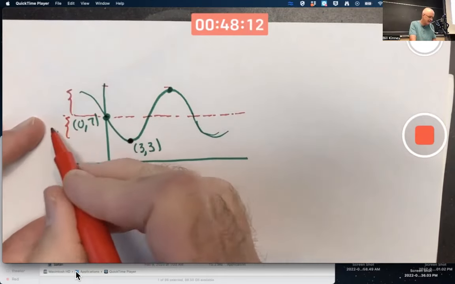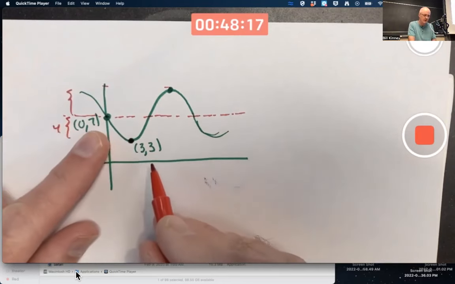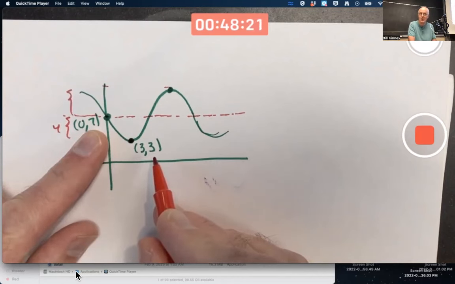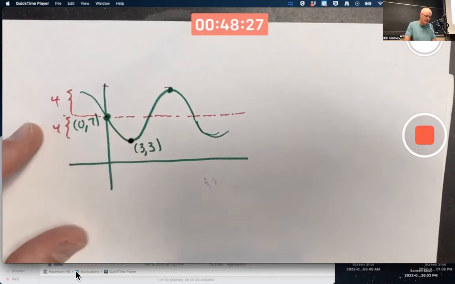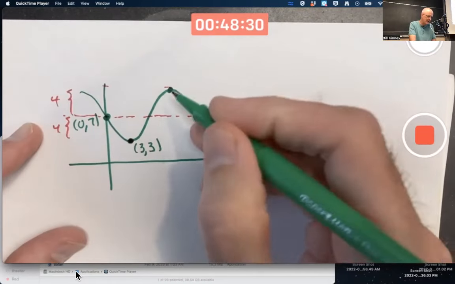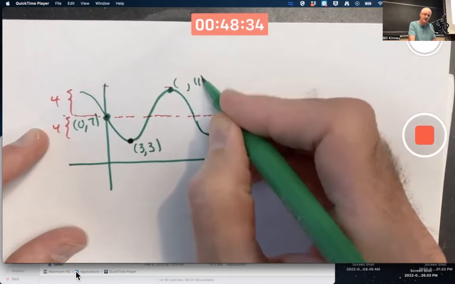You can see that distance is 4, right? 7 minus 3. Look at the second coordinate, 7 minus 3. If this second coordinate was a 2, it would be 7 minus 2. That means this distance is 4 as well, which also implies that this point up here is 7 plus 4 for the second coordinate, 11.